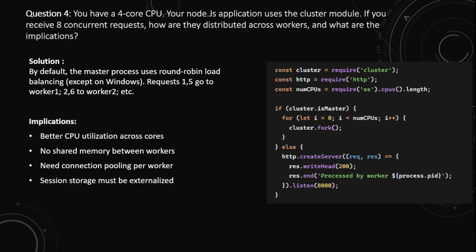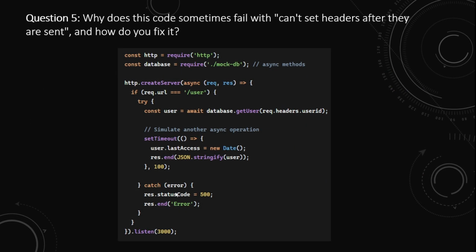This is a simple code base for better illustration. So now let's try to solve this question. Here, the response from the database query is stored in the user variable declared as a constant.